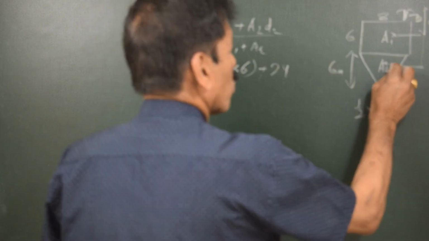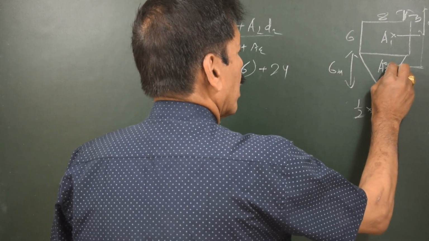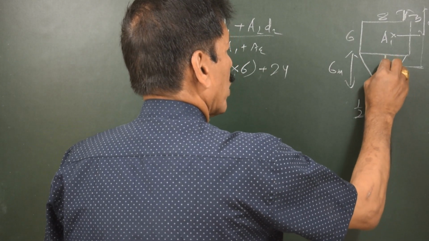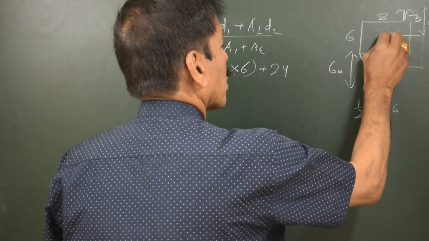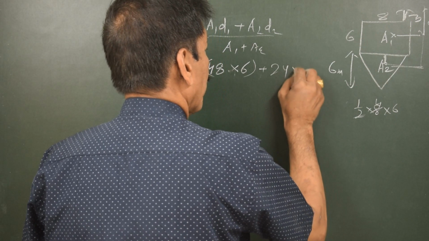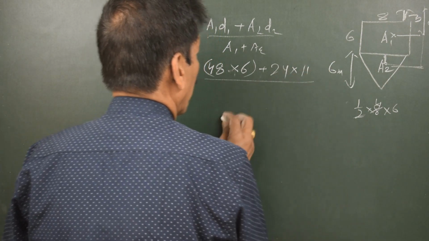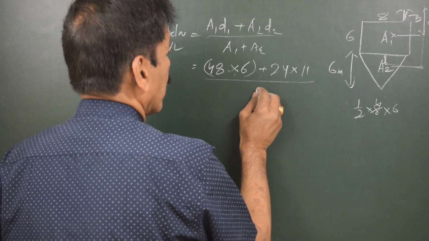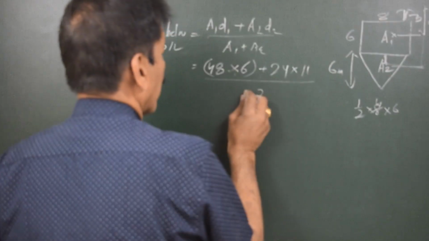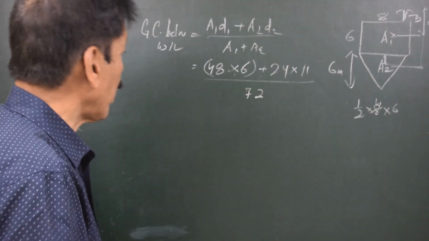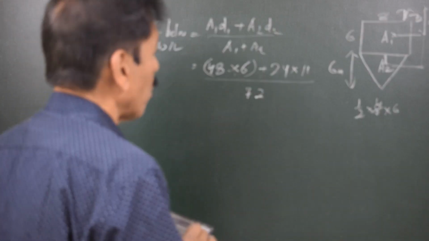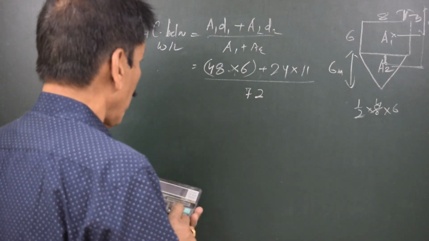And what is the distance to the water level? This distance is 1/3 of 6, that is 2 meters. So 2 plus 6, 8 plus 3, 11. Divided by the total area, which is 72 meters square.